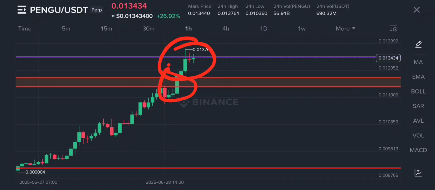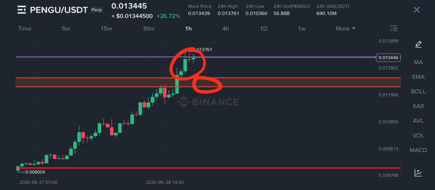Since the market did not stop at the red line and is now forming a reversal pattern on the purple line, which is also a point of interest, we can now take a trade from here.